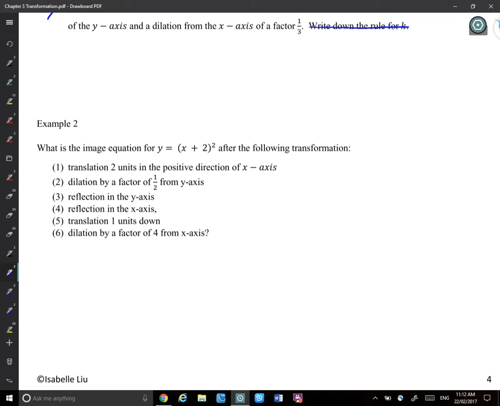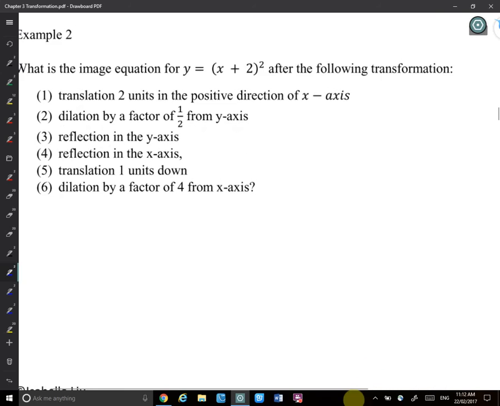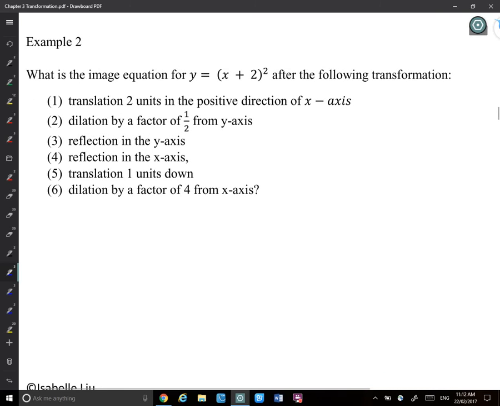Do not discuss with your friend. Just have a think about how you can write this. Have a think about how you can write it out, how you can set up x dash equals, y dash equals, and how you can substitute back.